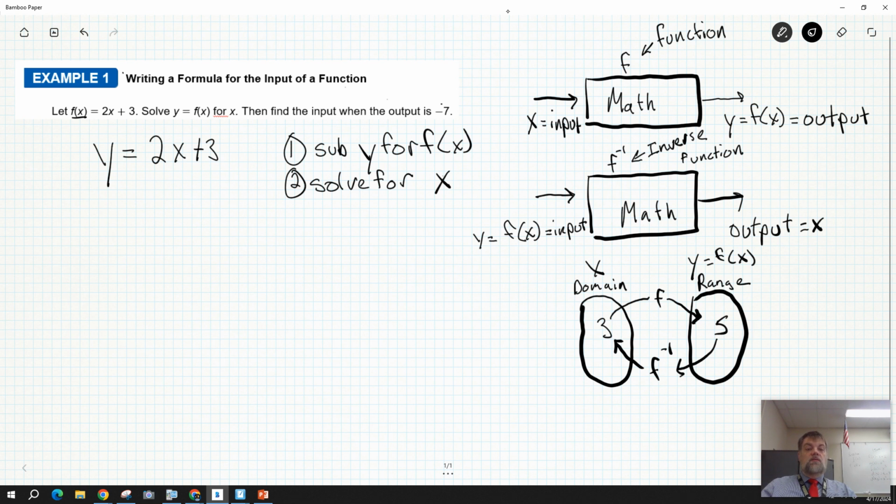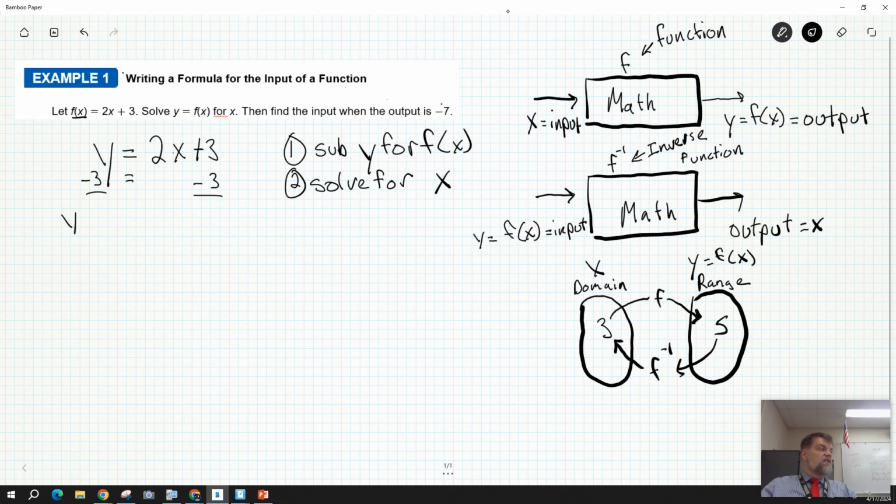So then, let's do that. I've got to get x by itself. So the first thing I do is I subtract 3 from this side. I subtract 3 from this side.